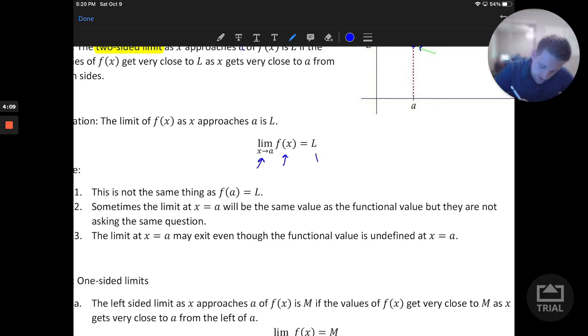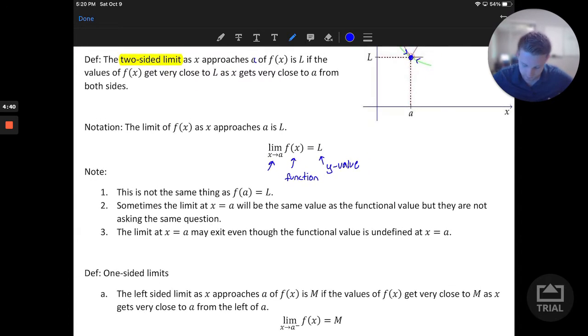So again, this L value is some y value for an input value a, and that's later going to become an actual constant number. So this would be the two-sided limit notation, a two-sided limit where we approach from both the left and the right side.